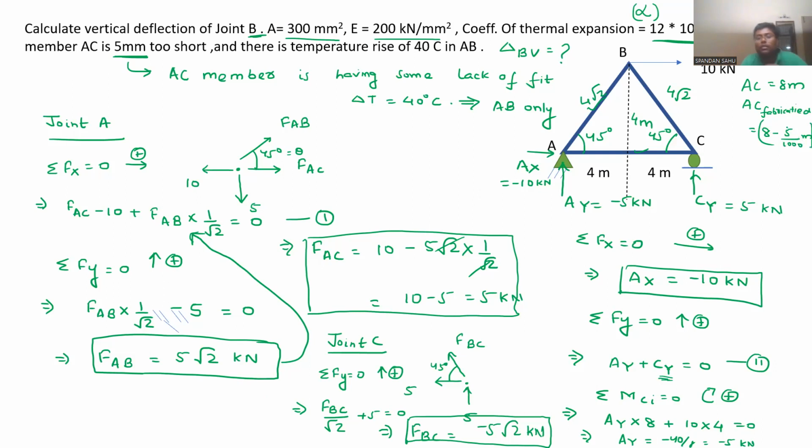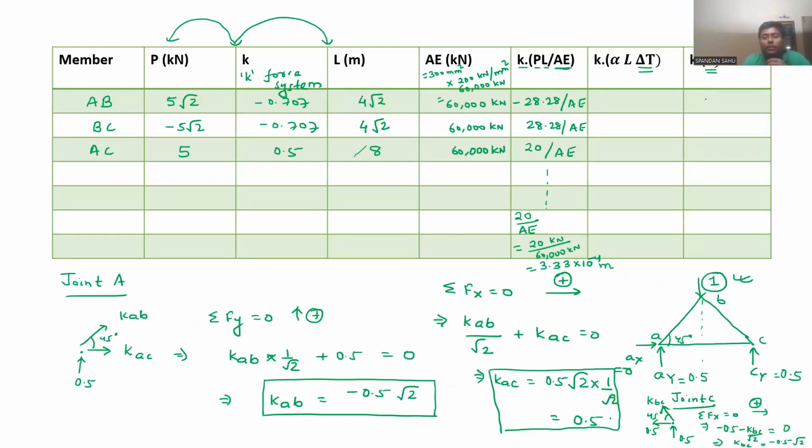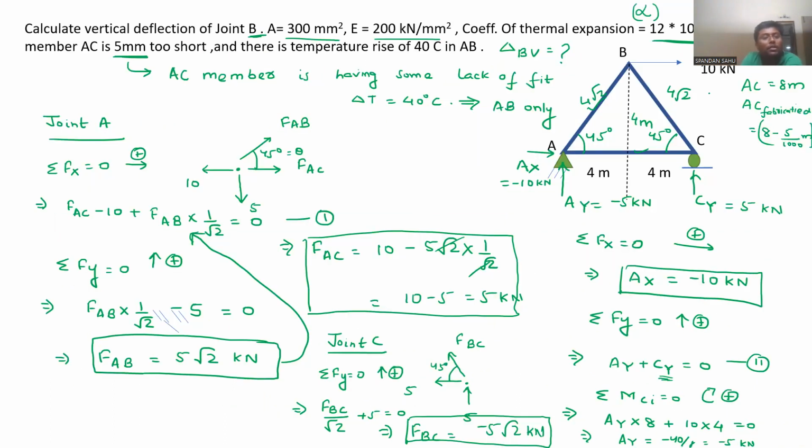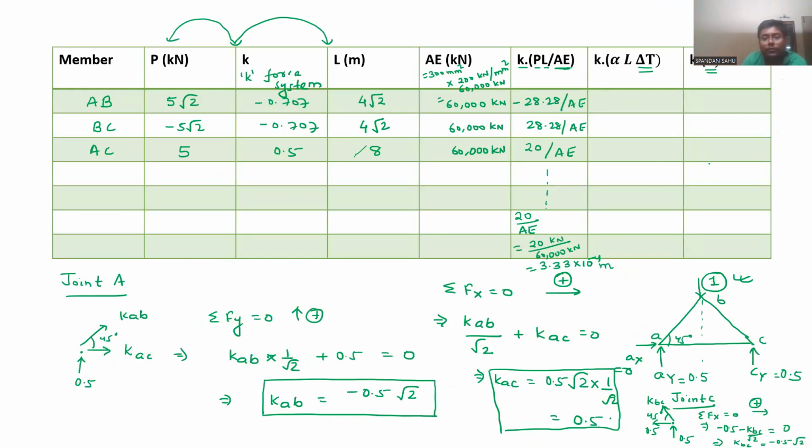So here the AC member is the only member which is 5 mm too short, means lack of fit will only be applicable for member AC. So here some value will come, but for member AB and BC, these columns will be 0 because there is no lack of fit in member AB and BC.